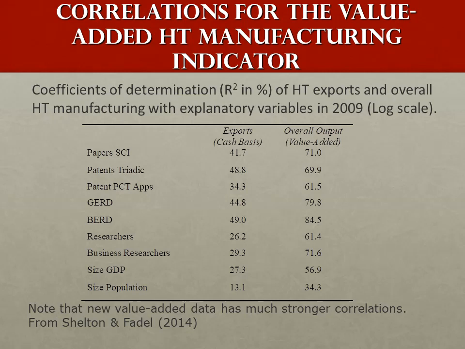And if you just look down the second column, you see that Bird has the highest number in it. What is Bird? Well, that's R&D funding spent in the business sector.